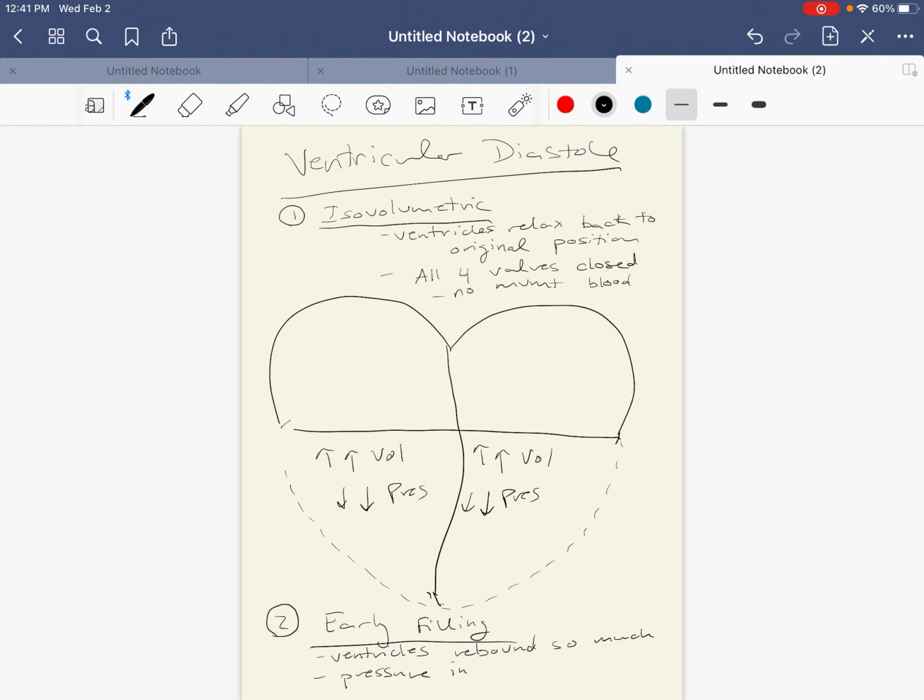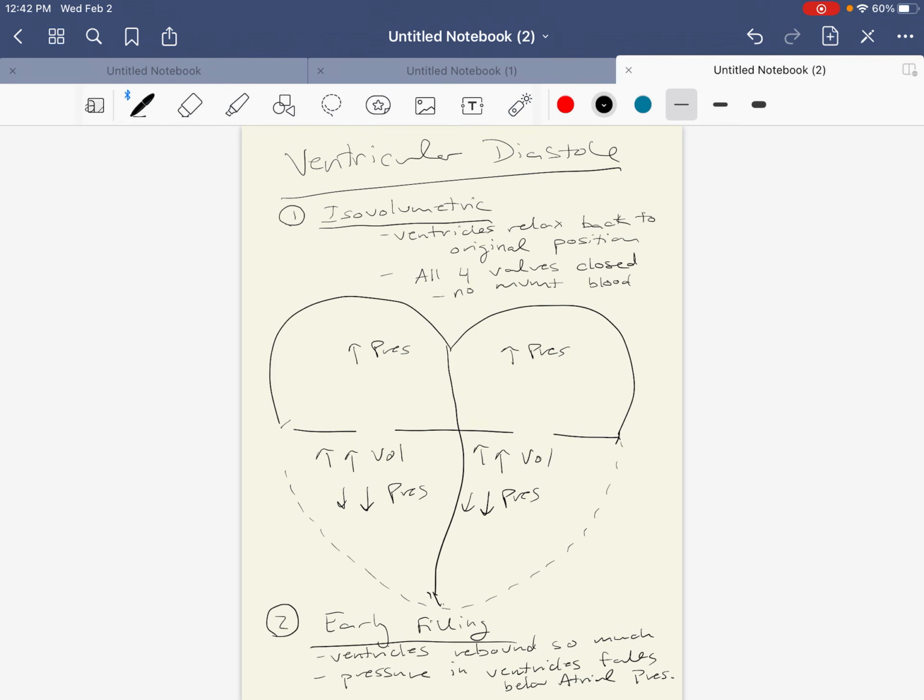Because of this, the pressure in the ventricles drops below the atrial pressure. So by way of the ventricles rebounding so much, which increases the volume so much, which drops the pressure so much, even before the next cardiac cycle begins, there's a pressure gradient between the atria and ventricles.